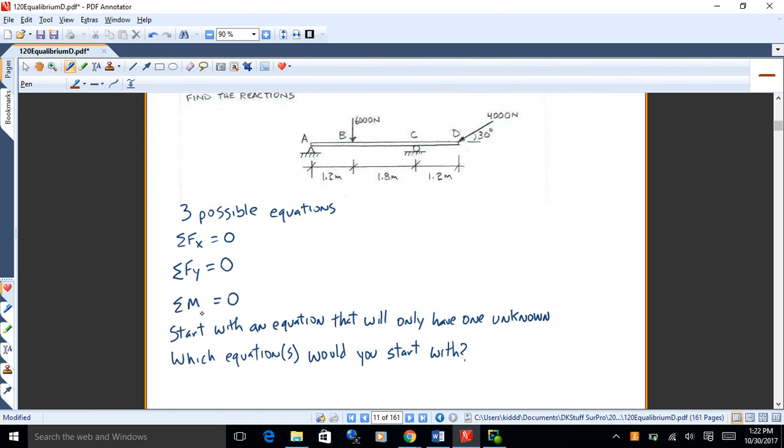That might fit the bill there, and that's often a good idea on these: take a moment about a pin joint, because remember on these 2D problems you can only have up to 3 unknowns. Pin joints have 2 unknowns, so if you take a moment about A, you'll only have 1 unknown left because 2 of them will run right through it. So that's often a good strategy on these problems. If you see a pin joint in 2D, take a moment about the pin joint.